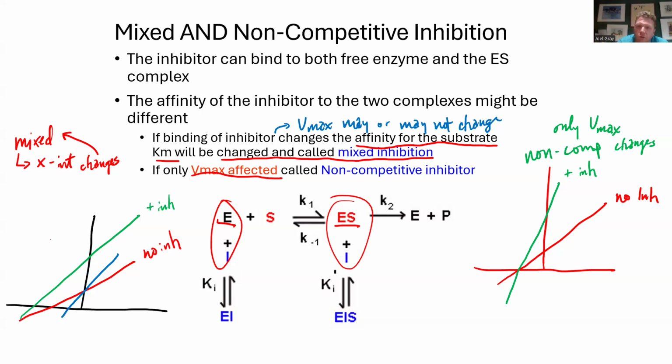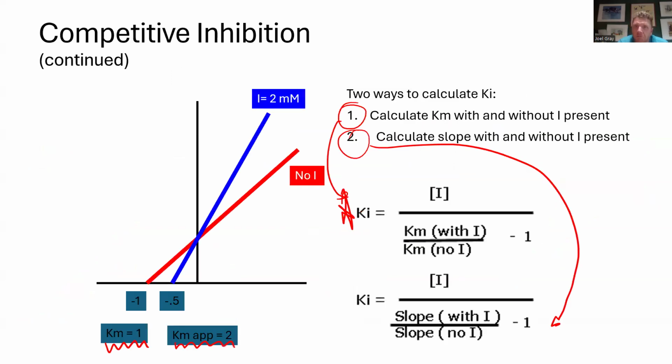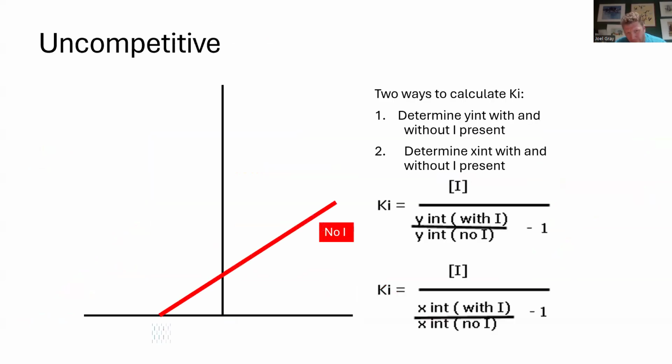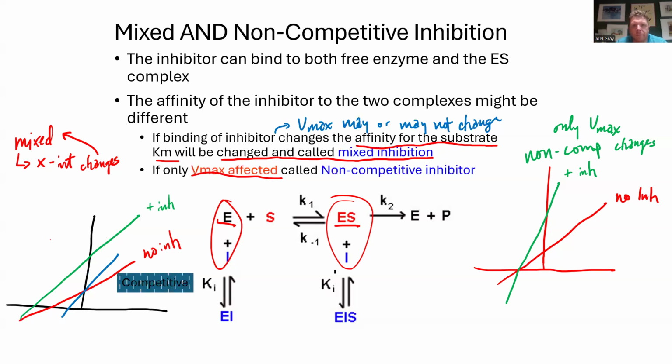My Vmax did not change. That's very similar to this graph right here, but a competitive inhibitor can only bind to the free enzyme. Okay, now let's proceed from there.